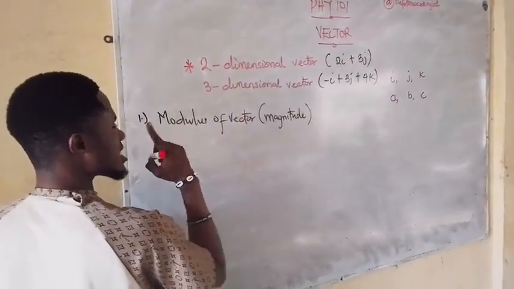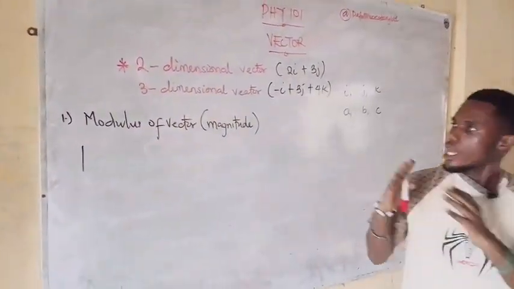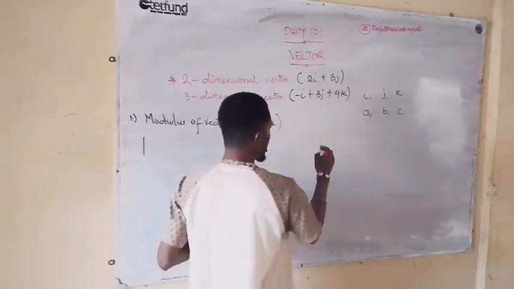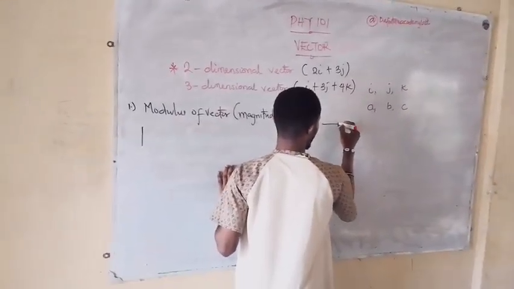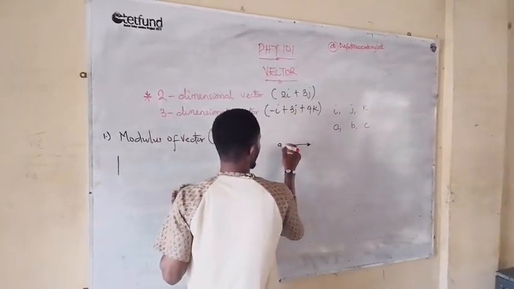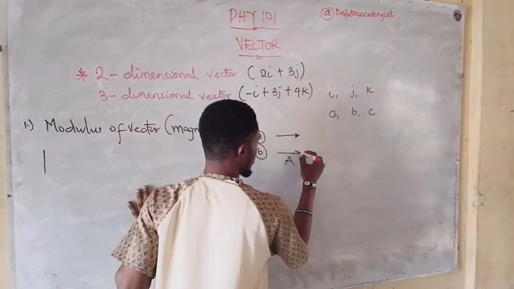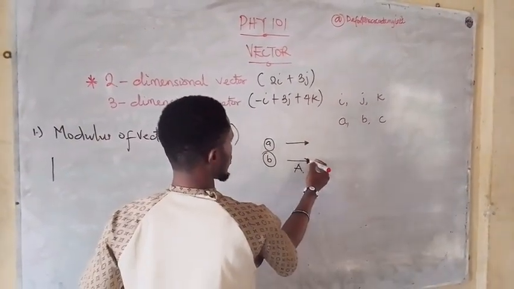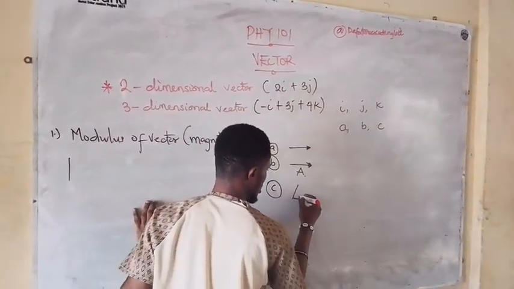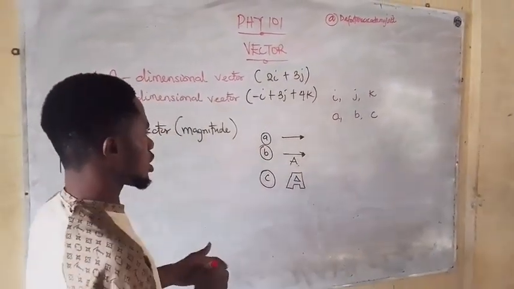Now this is the sign for modulus. Take down: there are 4 ways a vector can be written. The first way is in arrow form. The second way, it can be written in this form, the vector form of A. Thirdly, it can be written in bold letters, which is mostly common in your textbooks.